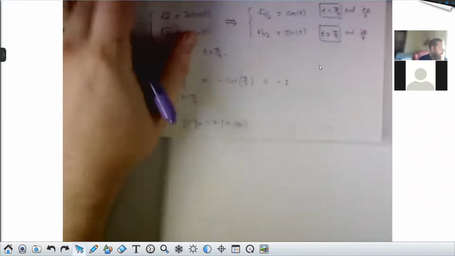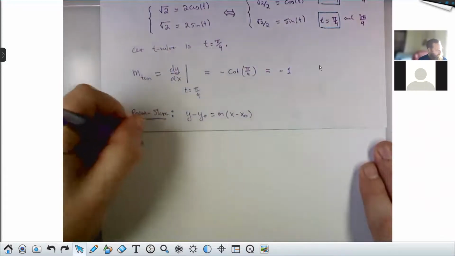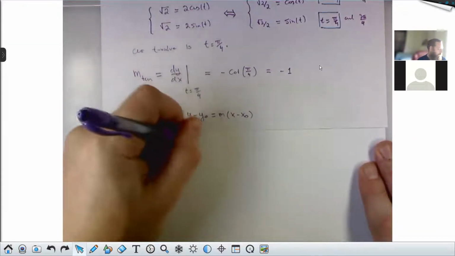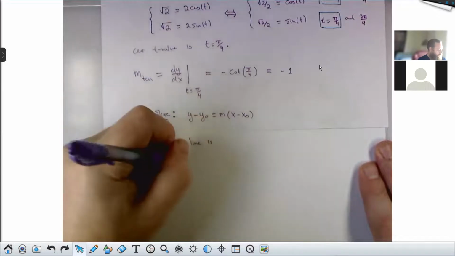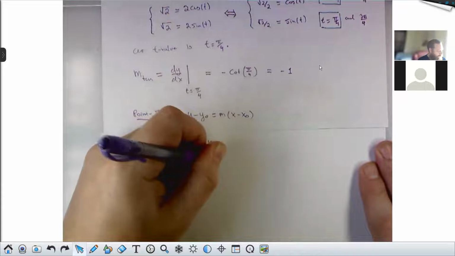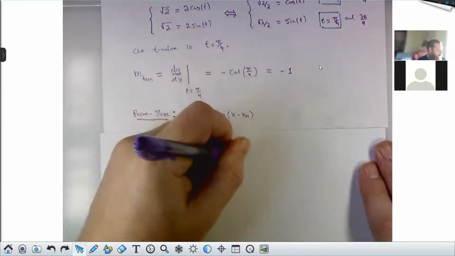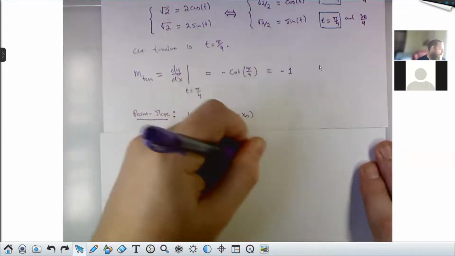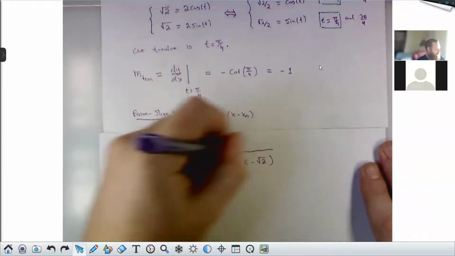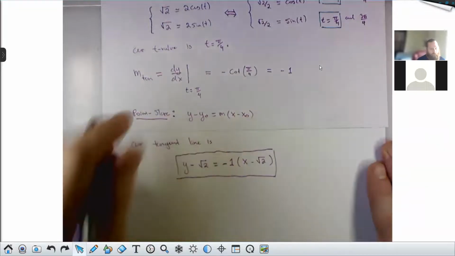That tells us that our tangent line is y minus the y value at our point, which is the square root of 2, equals m, the slope of our tangent line, which is negative 1, times x minus the x value at our point, which is also √2. So that's it. That's your final answer.